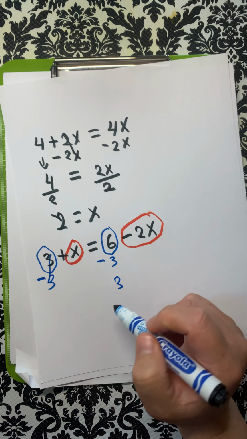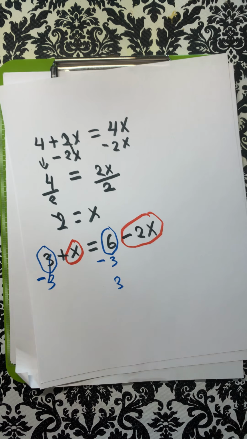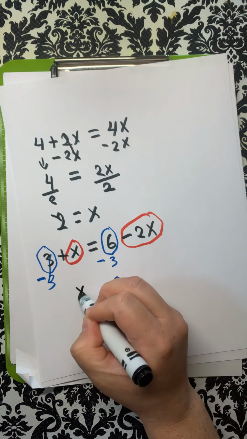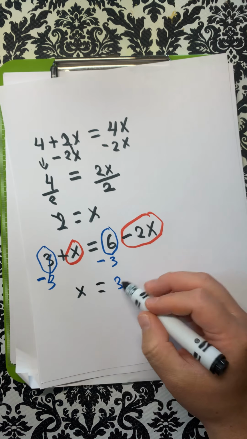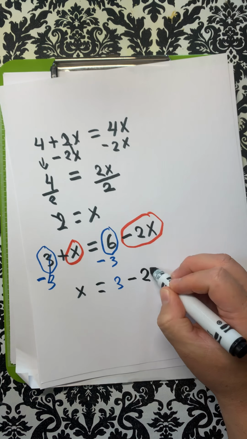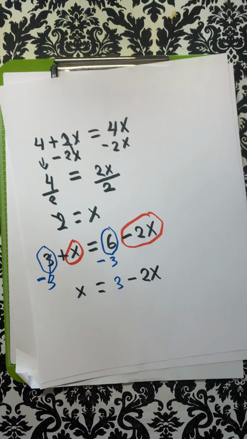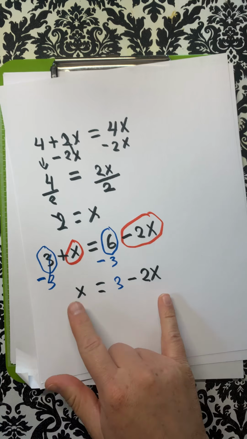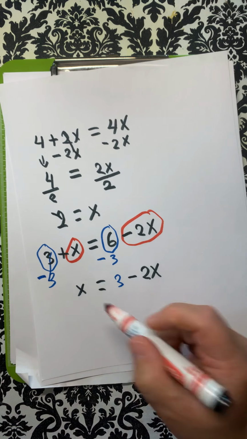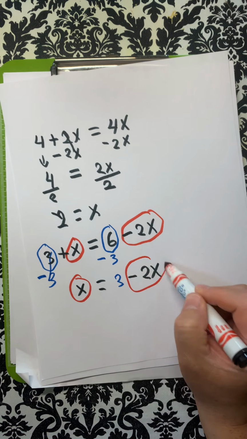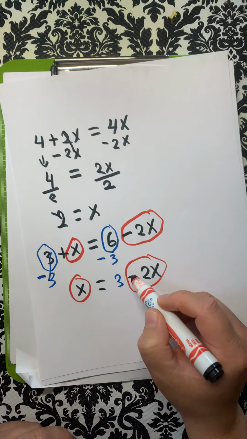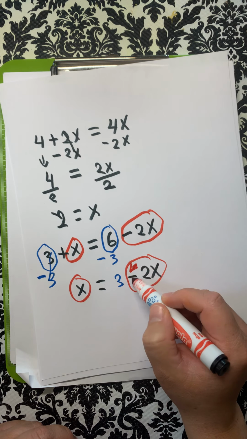Now, keep everything else the same. Here you have x equals 3 minus 2x. Same thing's going on here. Now we have to deal with the two different variables. So here we know that this one is a negative.